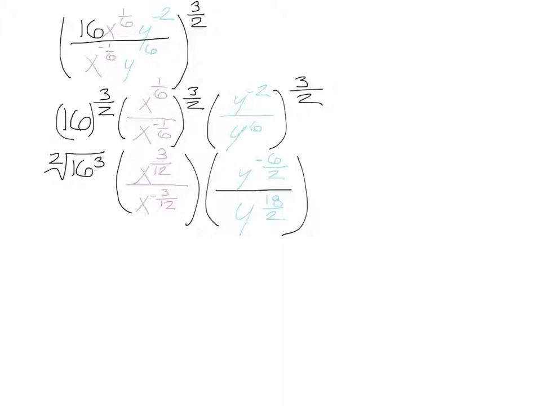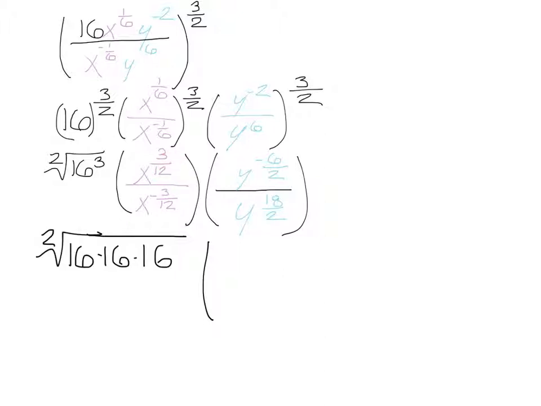Let's take this radical and try and split it up a bit. So we have the second root of 16 times 16 times 16. And then I know in this next term that I can subtract my exponent. So I have x to the 3/12 over x to the negative 3/12.